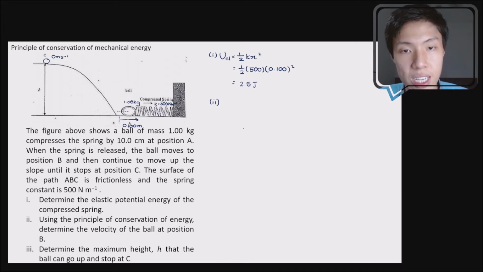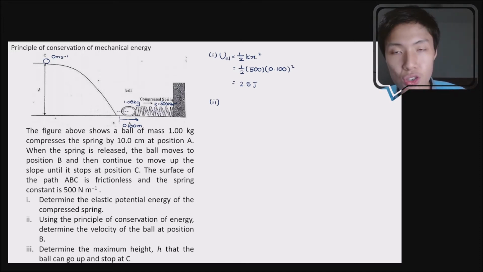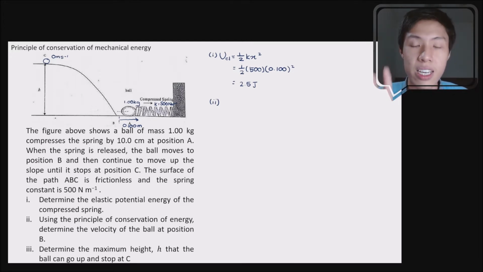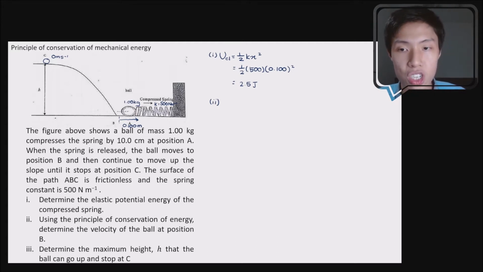Let's try to study it. So we'll try to draw three different free body diagrams. The first will be the free body diagram when the ball is positioned at position A. The second will be the free body diagram of the ball during its journey leaving the spring, moving towards B. For the third, we will draw the free body diagram of the ball moving up the slope.